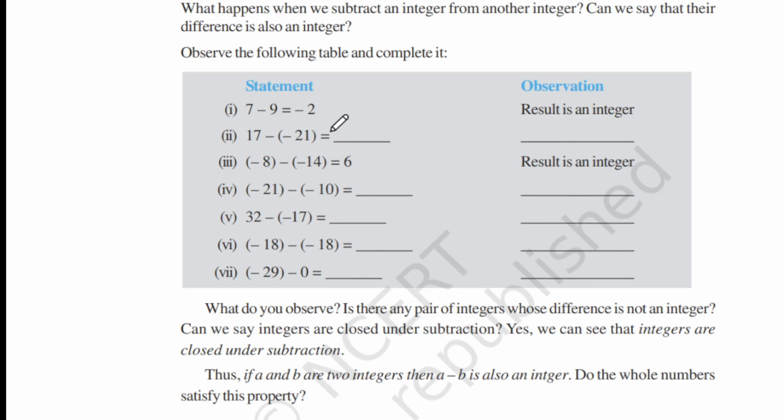Minus minus goes plus, so we need to add 17 plus 21. 7 plus 1 is 8, 2 plus 1 is 3. So 38, again an integer.